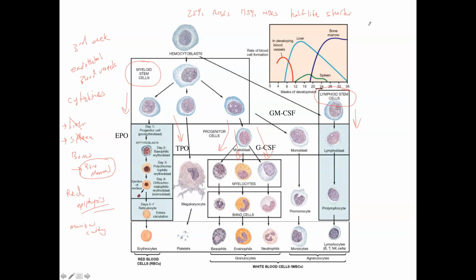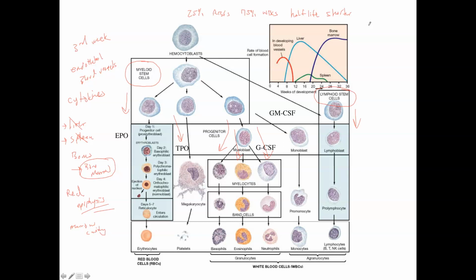So what are the different cytokines that are triggering these hematopoietic processes? So what's triggering erythropoiesis, thrombopoiesis, and leukopoiesis? The cytokines, and we're going to focus on the predominating ones. There are lots of cytokine chemicals and chemical signals.